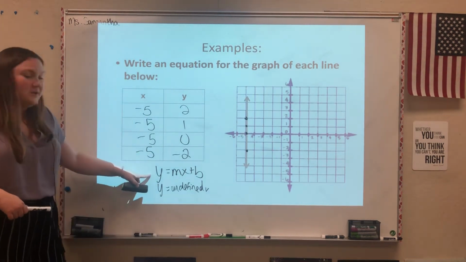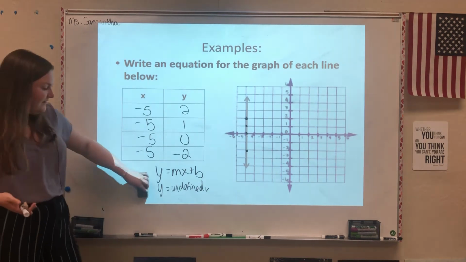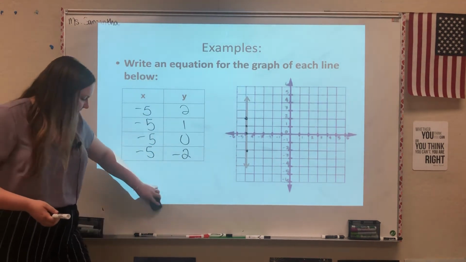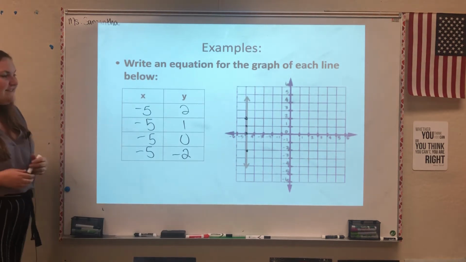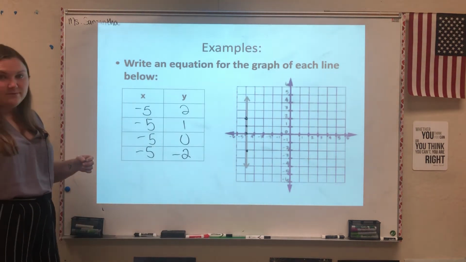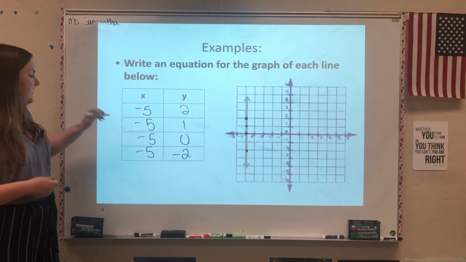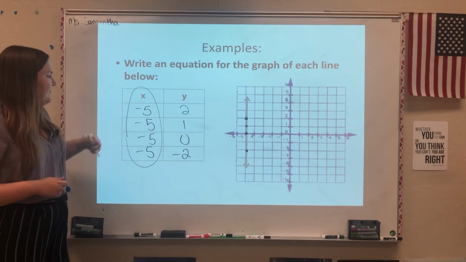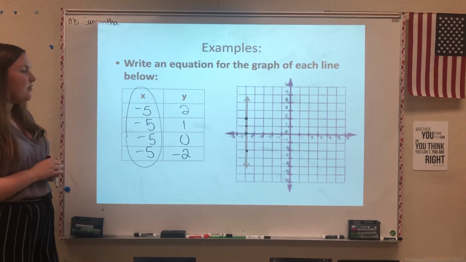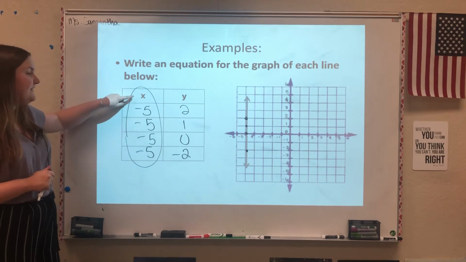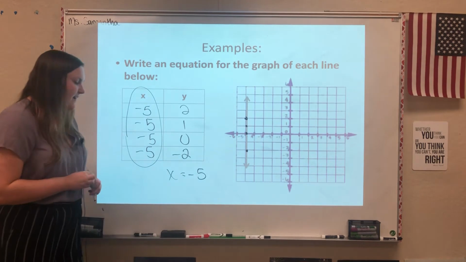The reason this formula doesn't work is because this formula says y equals something. And the problem with that is this equation isn't going to have y in it. If I look at this table, similar to the one we just did, what do you notice all of these have in common? Well, usually, students will say, I notice they all have the x in common. Just like the one from before, our equation's only going to have one variable. This time it's going to say x equals -5.